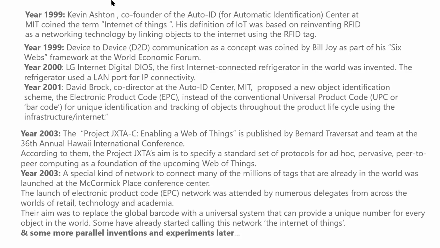Okay, now one of the important things that you have in your syllabus is the overview of the Internet of Things, that is, the historical review of Internet of Things, which you should know. I have given the historical review in the PowerPoint presentation, so you can read it out. I need not explain it, I think.